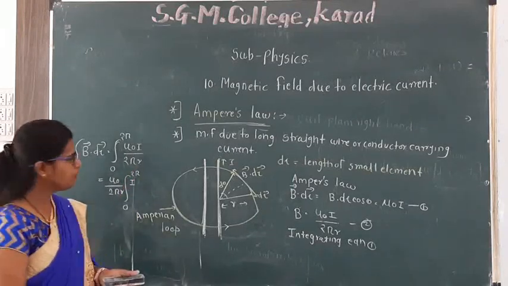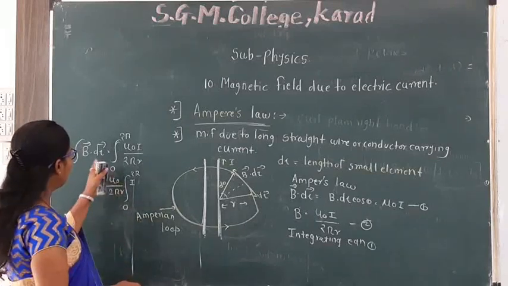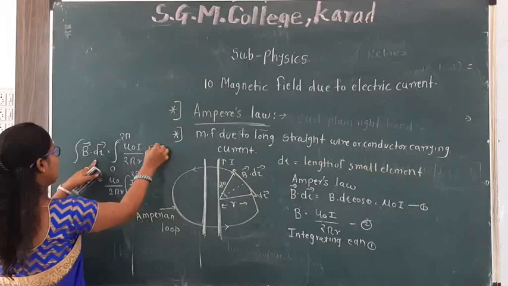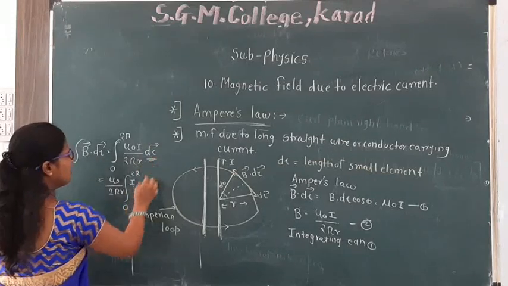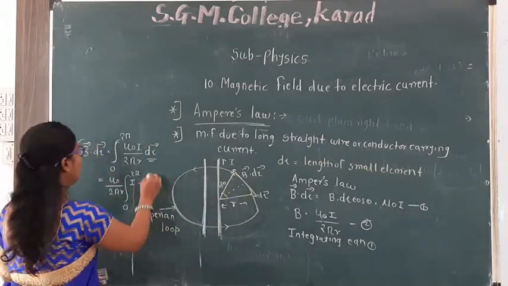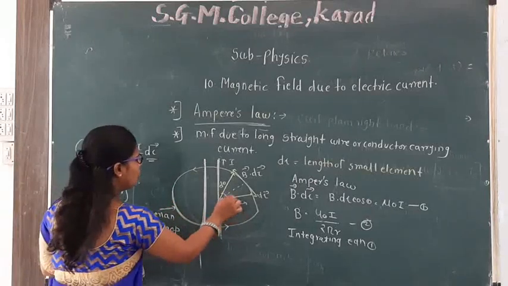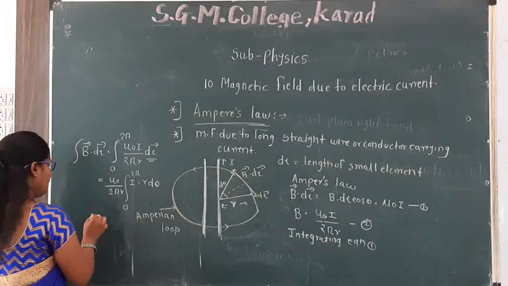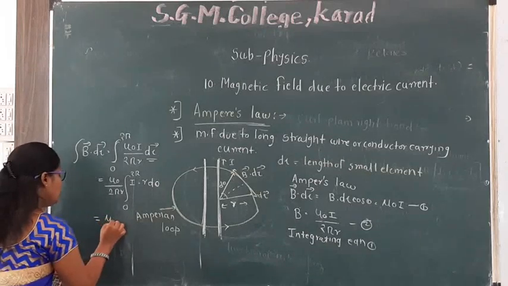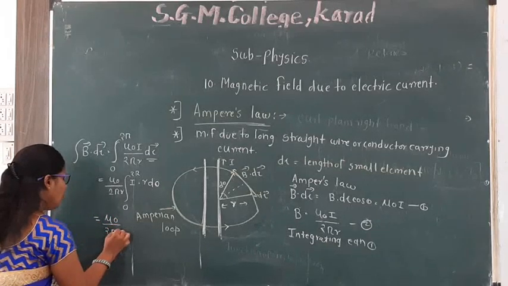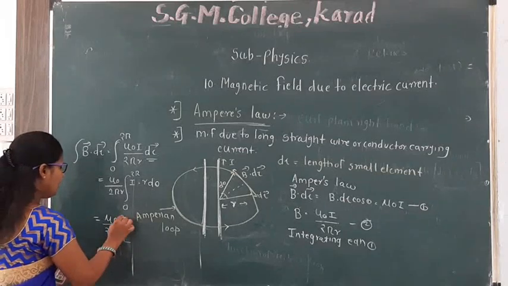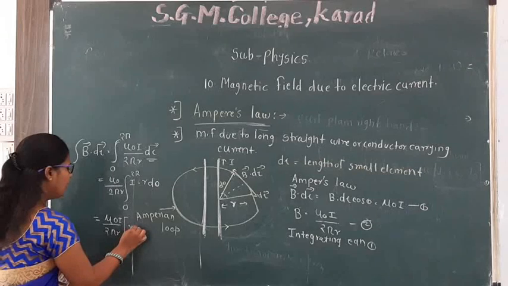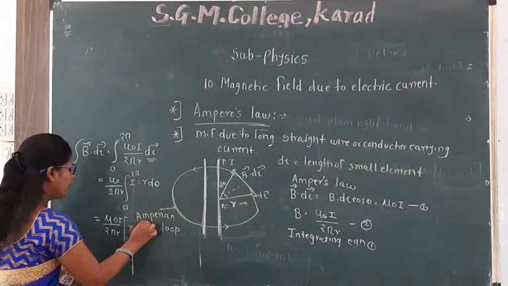Here dl is the length of a small element, so we can write dl as R d theta. Then we get mu 0 I upon 2 pi R times R d theta.